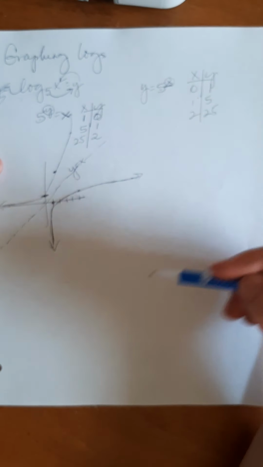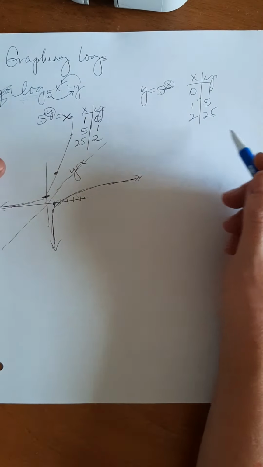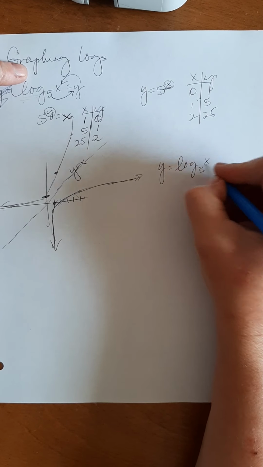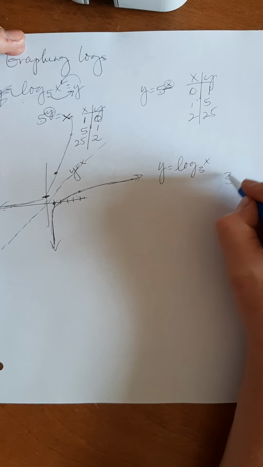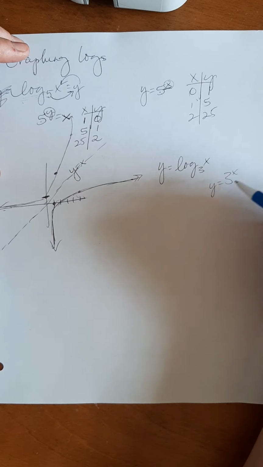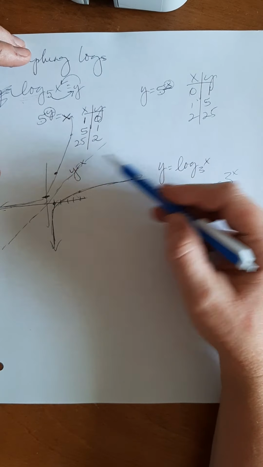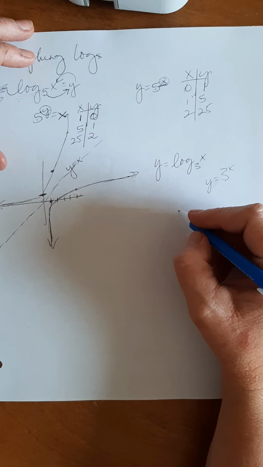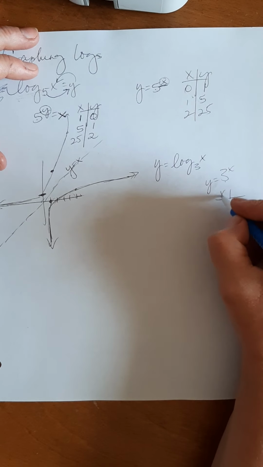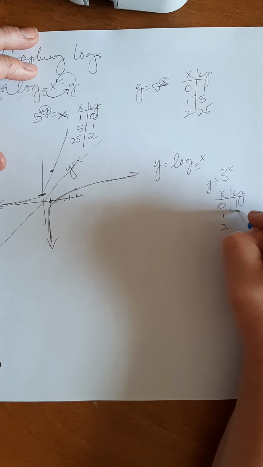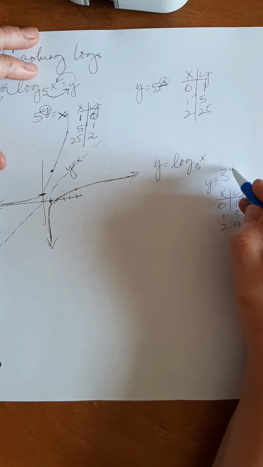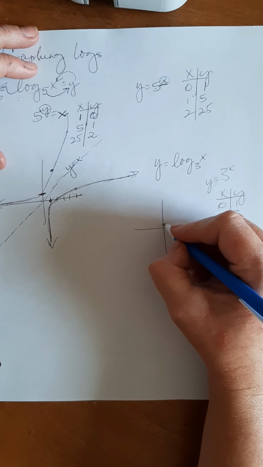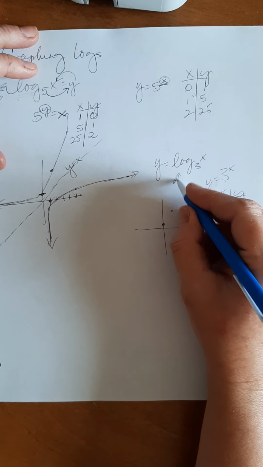So that's why. Sometimes if I said y equals log base 3 of x, technically you could graph y equals 3 to the x, draw your line, then do your inverse if you'd like to. I'll show you what I'm talking about. So if you did 0, 1, 2, 0 power, first power, second power, that would give you this.